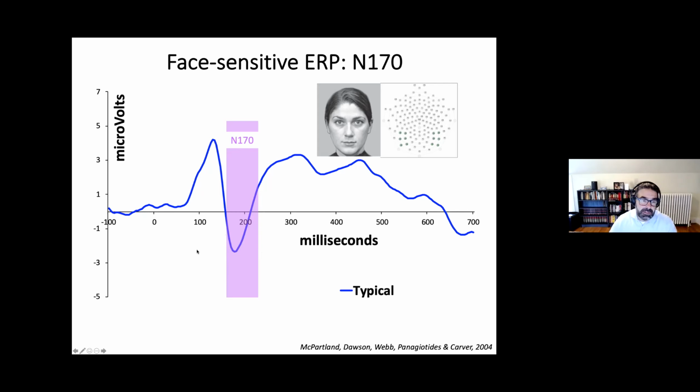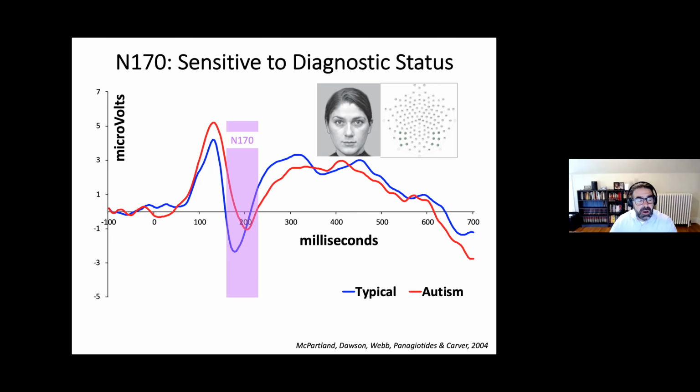When we looked at the N170 in autism, in the first study to do this, 17 years ago in 2004, we didn't know whether people with autism would show an N170, and they did. We found that it was different in a really significant and important way: it was slower. People with autism were inefficient in their brain's recognition of a face as a face.